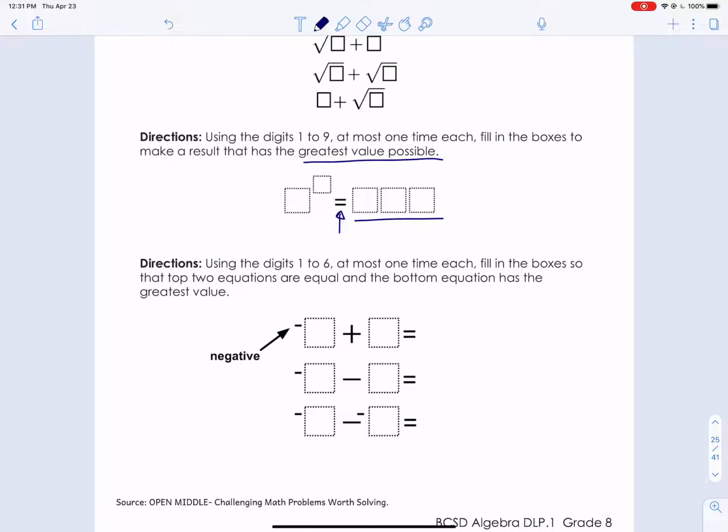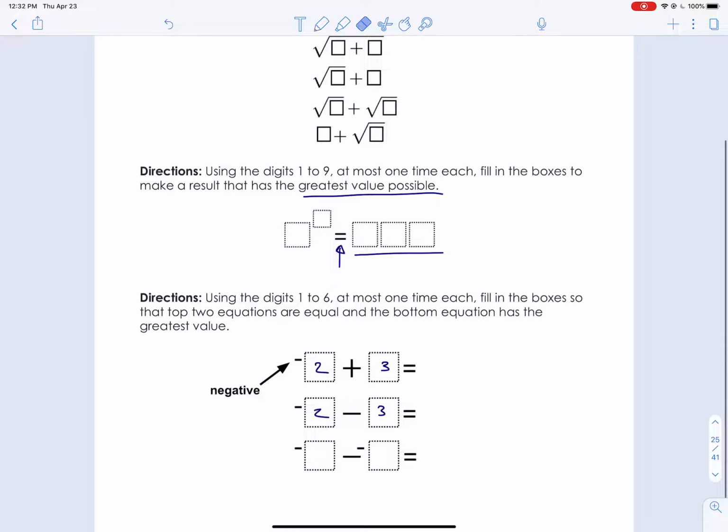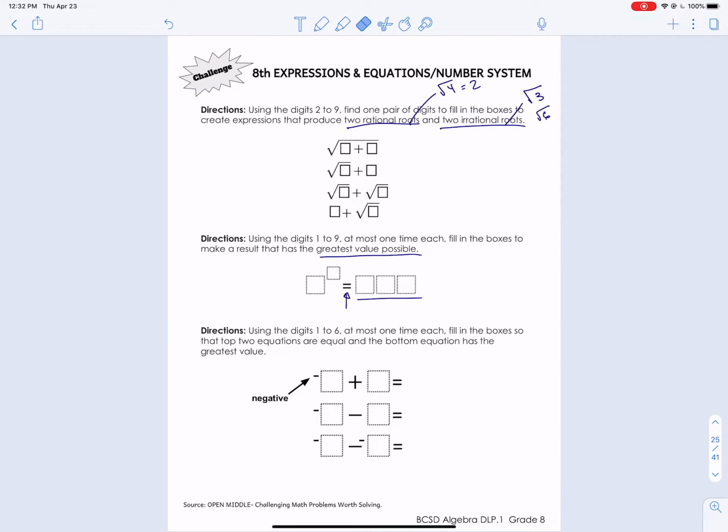And then you can use 1 through 6 one time each, and if you choose 2 and 3, it doesn't have to be 2 and 3 each time. So the first one is like that, but this one you'd have to use 1, 2, 3, 4, 5, 6, all the numbers to fit in those boxes. And of course, if you don't get it, just send me a message or leave a comment, and I will help you.